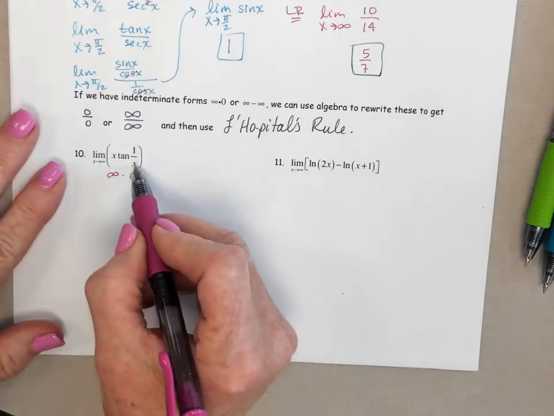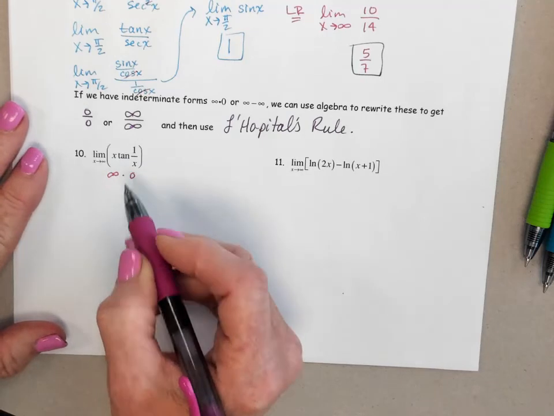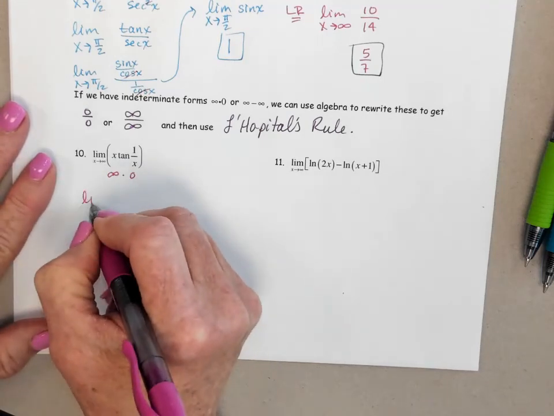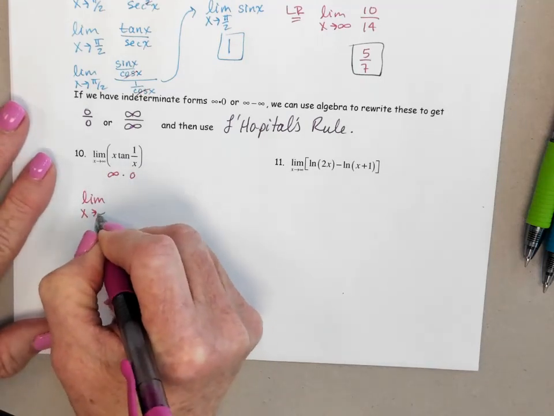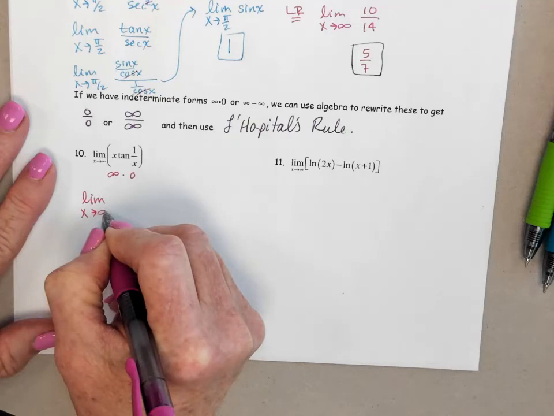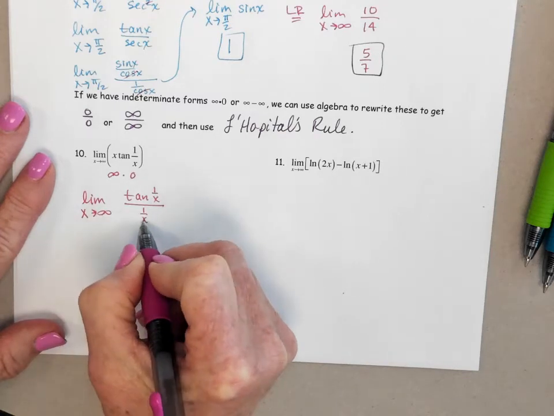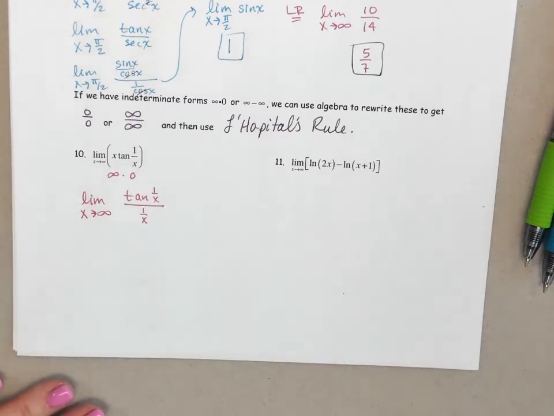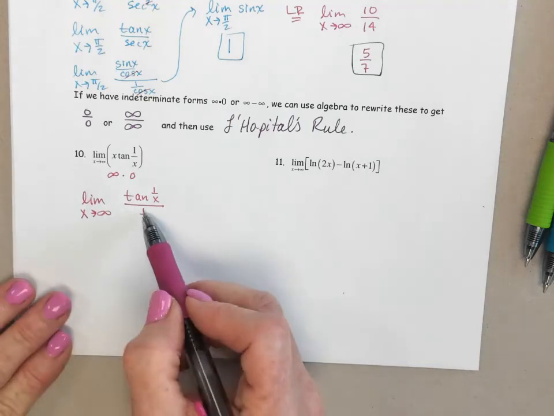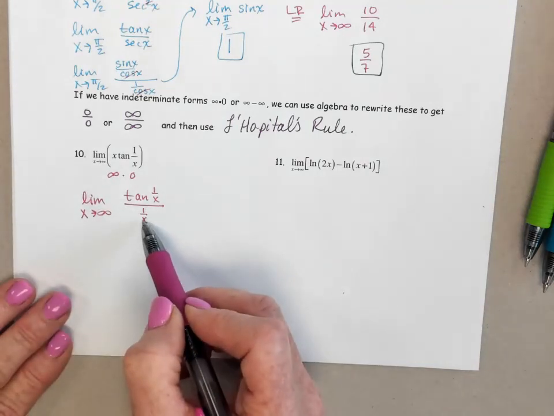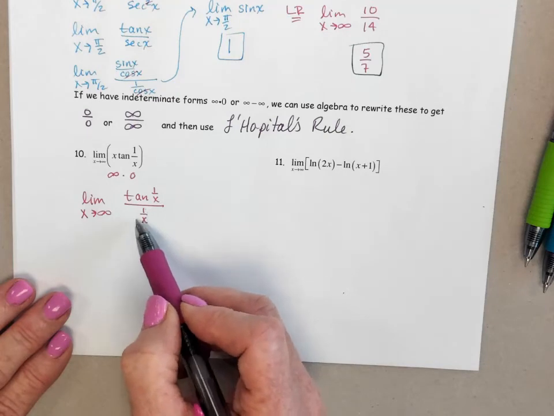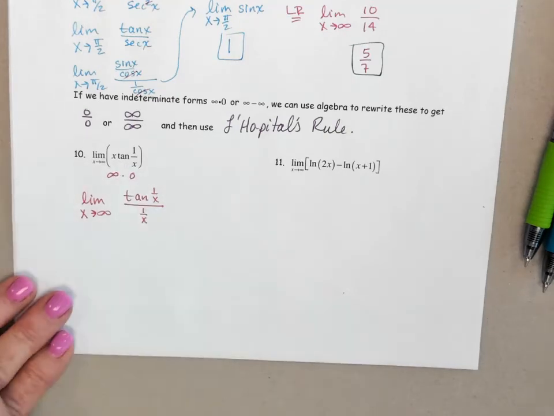So what we're going to do is take this expression and rewrite it. Now you might not see it right away, but be patient with me. What if I rewrote this as the tangent of 1 over x divided by 1 over x? Isn't dividing by 1 over x the same thing as multiplying by its reciprocal, or multiplying by x?